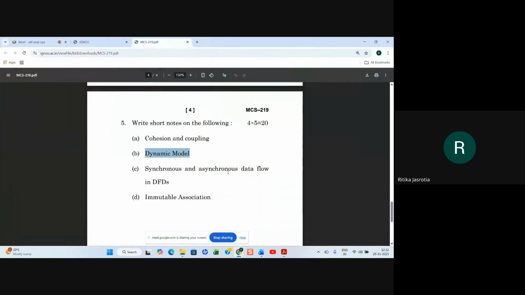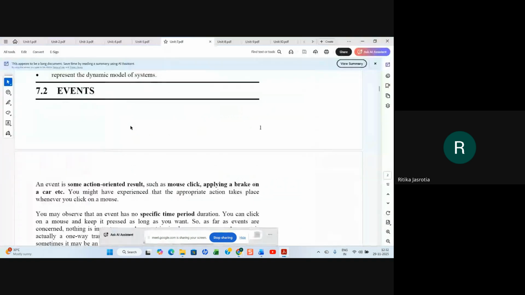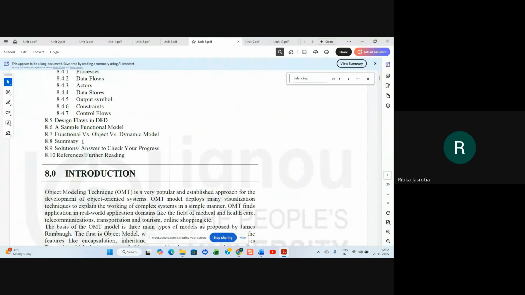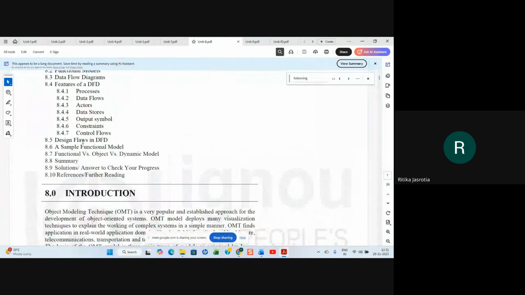Right, then synchronous and asynchronous data flows in DFDs. So in DFD you have synchronous and asynchronous data flows.